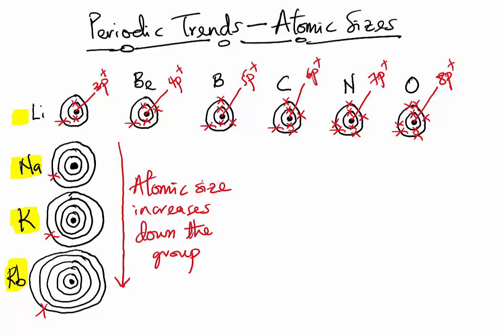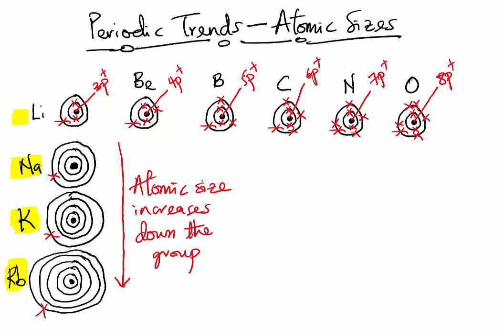Let us begin with lithium. Lithium has 2 energy levels, but so are all the others. And they all have 2 electrons in the first energy level. So it's common to all of them. We will ignore the first energy level. Let us now focus on the second energy level. In the second energy level, lithium has only 1 electron.